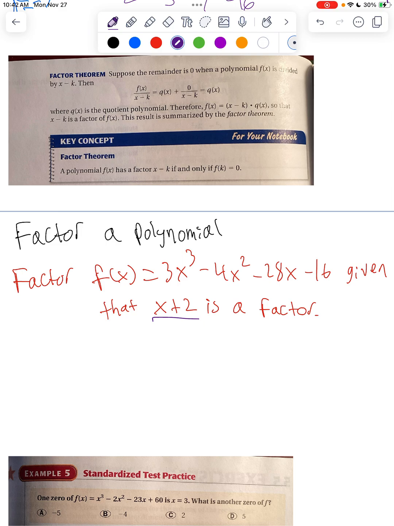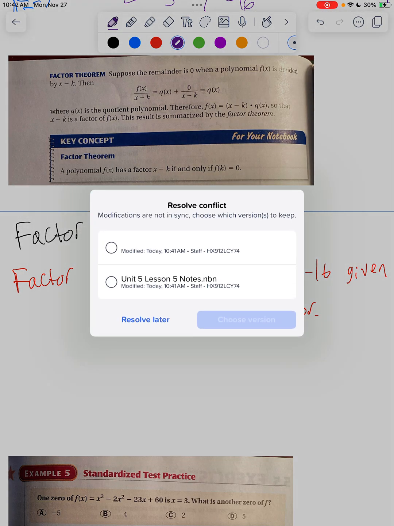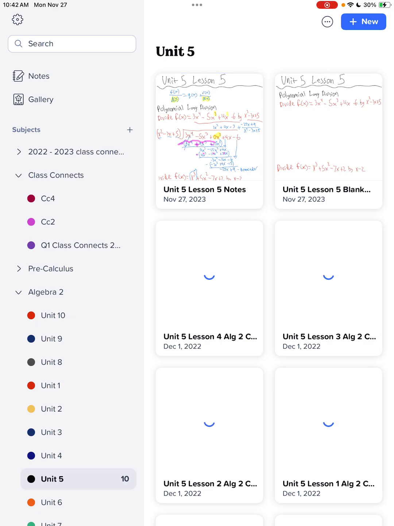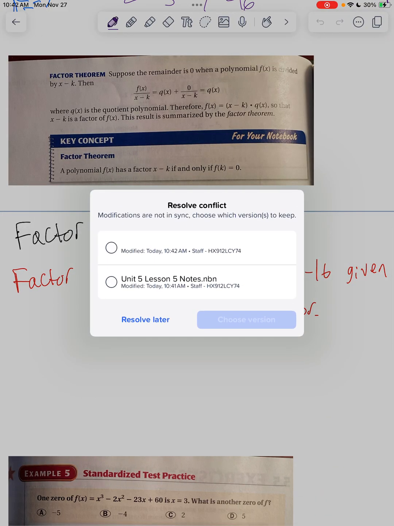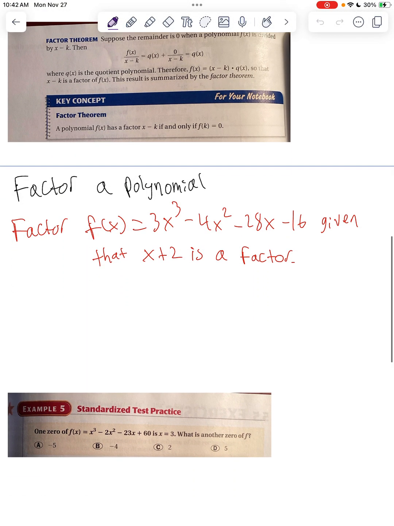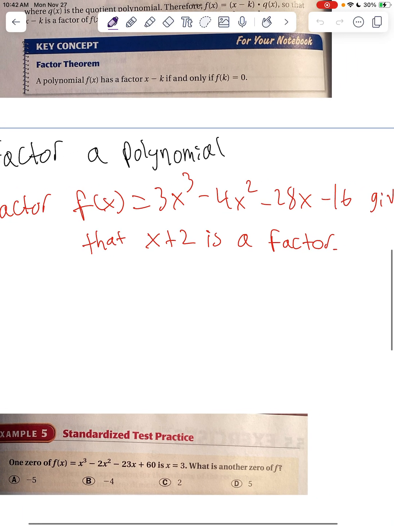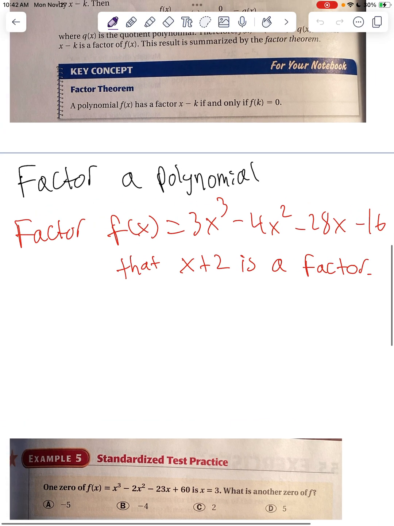So I'm going to go ahead and use synthetic division. And so again, because x plus 2 is a factor, I can say that x equals negative 2.